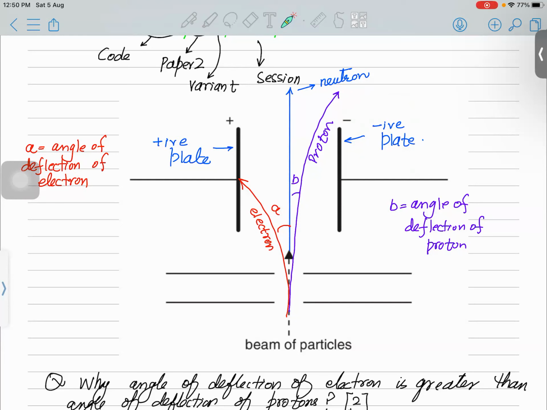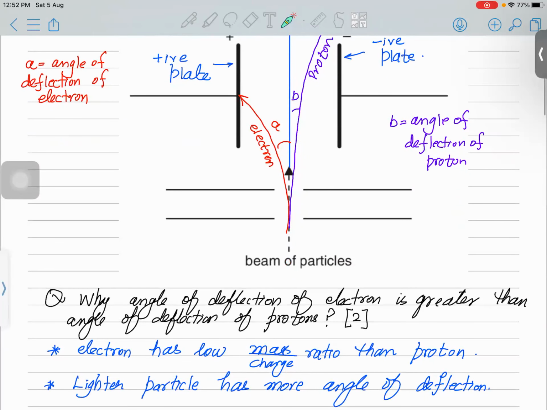Exactly. Now, can you tell me the difference between the deflection of electron and proton? Electron deflects more because it has a lighter weight. Okay. The examiner asked this question for 2 marks. Why is the angle of deflection of electron greater than the angle of deflection of proton?